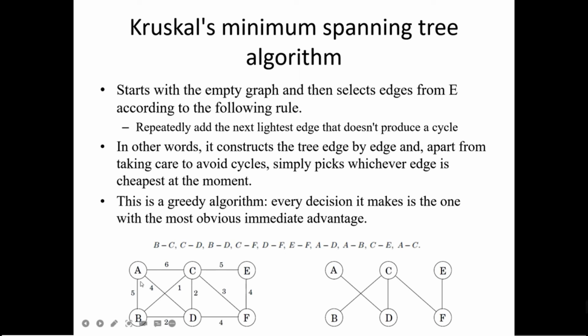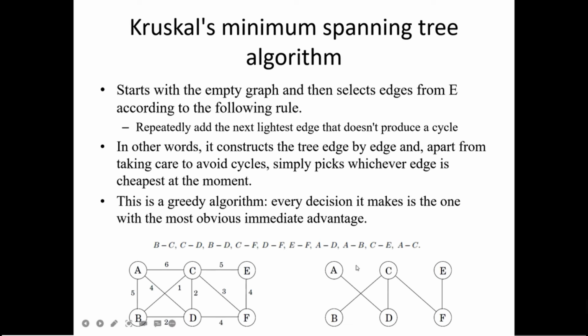For example, when you have selected this one and this one, and the next is AC, then it will produce a cycle. So this edge cannot be selected because it will produce a cycle.